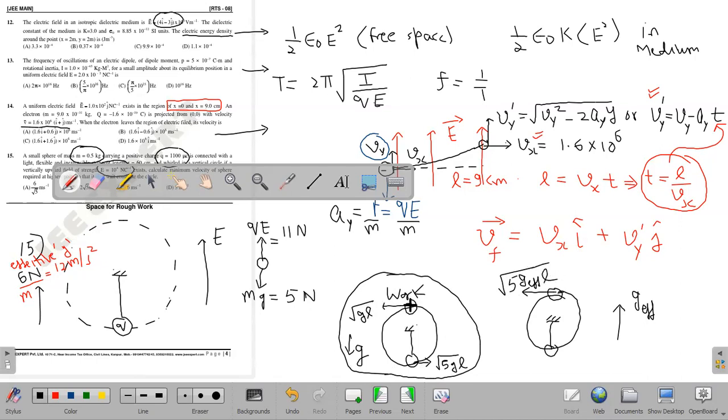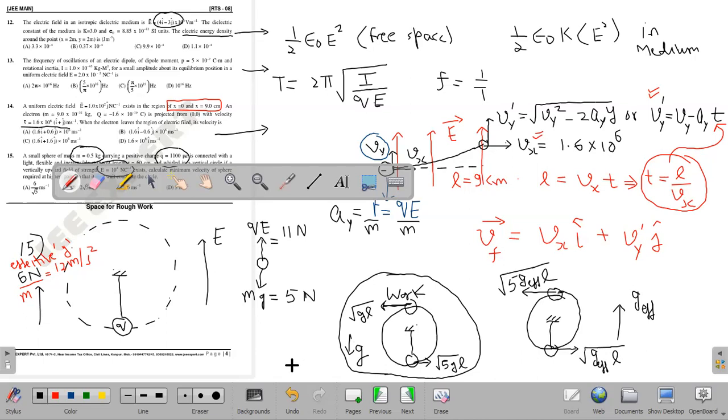And what used to be at the topmost point of the well-known case, which is root GL, should now be at the bottom of this vertically upward G effective case. Since the direction of gravity is flipped, the bottom and topmost points are also flipped.